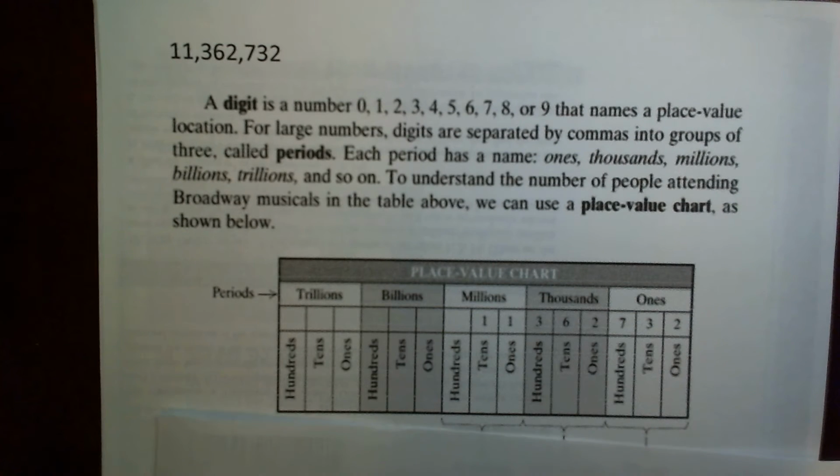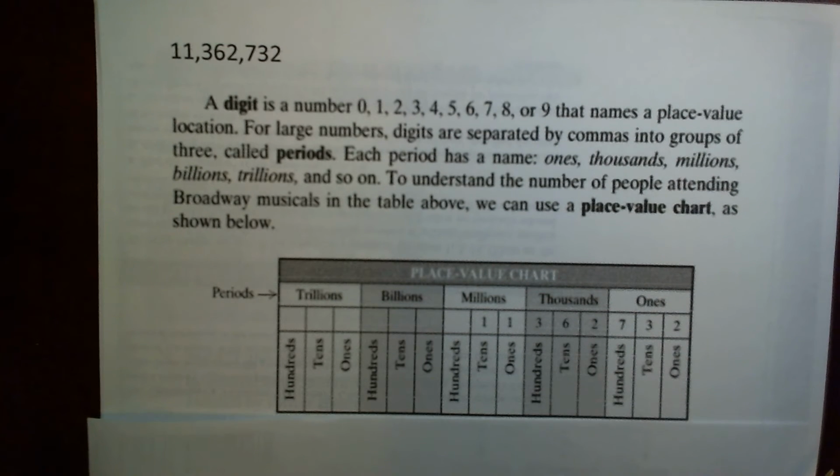So here are the digits. And here we have periods of ones, thousands, millions, billions, and trillions. And subdivided, we have the ones, the tens, and the hundreds. And here again we have the ones, the tens, and the hundreds, and so on for each of these periods.